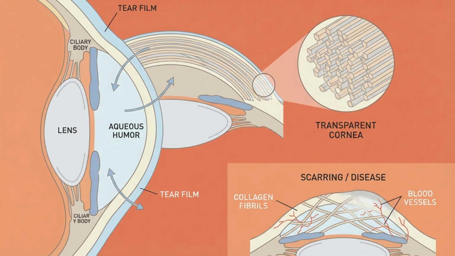The cornea is alive, metabolically active, and completely transparent, a biological feat that required its constituent collagen fibrils to be arranged with near crystalline uniformity. If those fibrils become disorganized, as happens in scarring or disease, transparency is lost. The cornea clouds over, and vision dims.